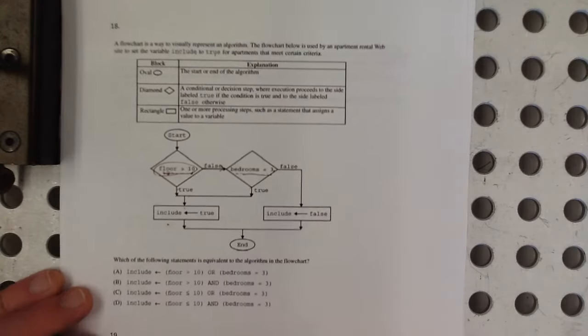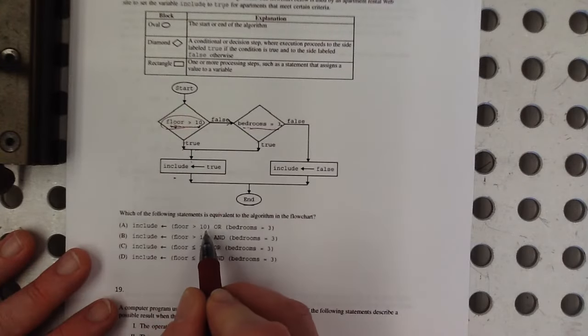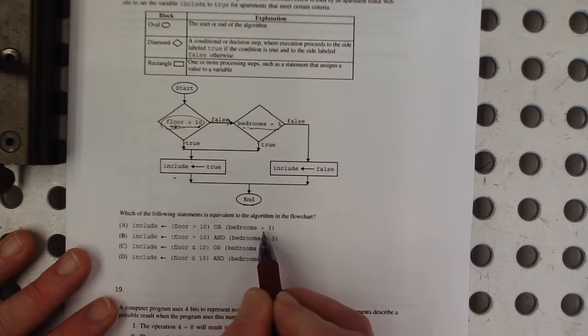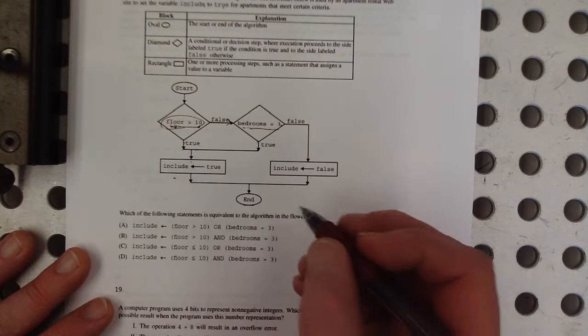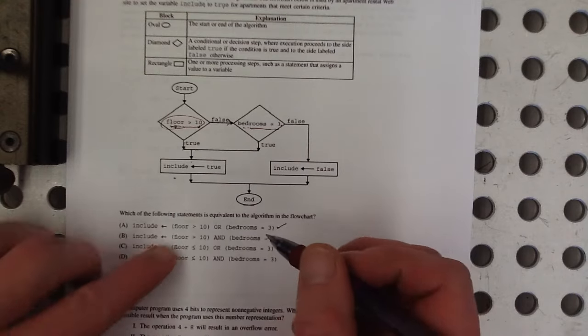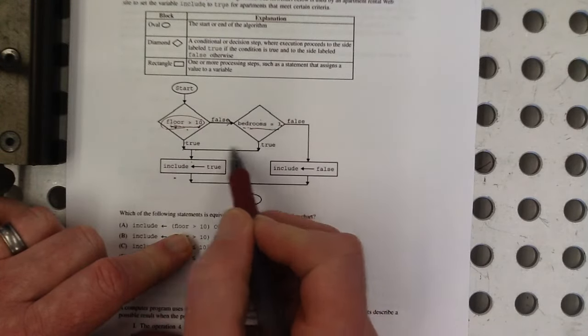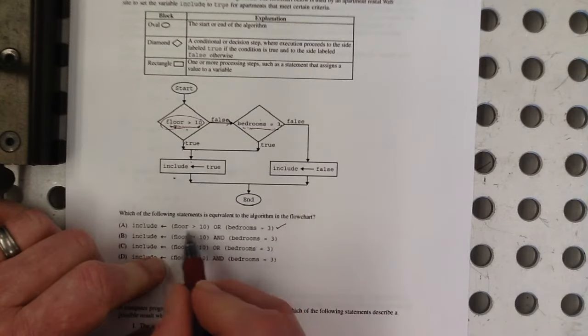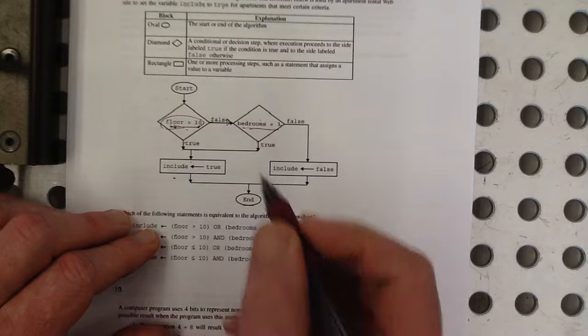Okay, so let's see if we can figure out which one of these is the same. Floor is greater than 10 or bedrooms equals 3. I think that might do it, right? The floor is greater than 10, but if that's not true, then that happens. Yeah, so I think that this is it. Floor is greater than 10 and bedrooms is greater than 3.